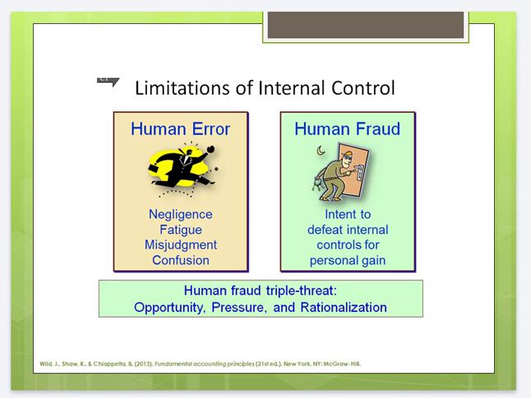And here they call it the human fraud triple threat. We often call this the fraud triangle. It's the three elements that have to be there in order for a person to commit fraud. They have to have some sort of pressure or motivation, they have to have the opportunity, and they have to be able to rationalize their actions in order to commit fraud.